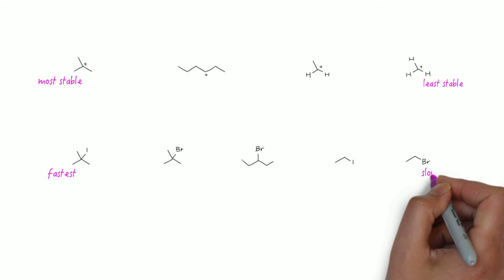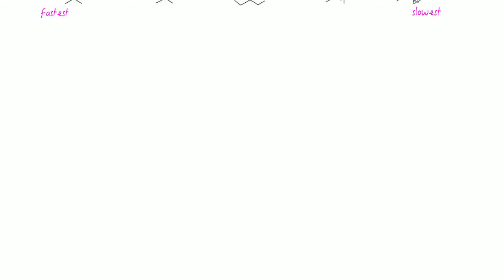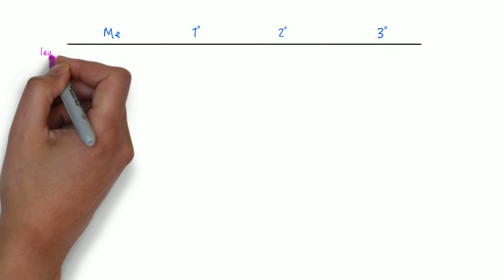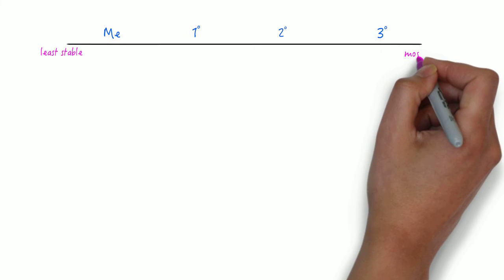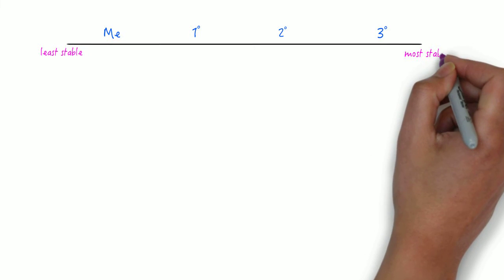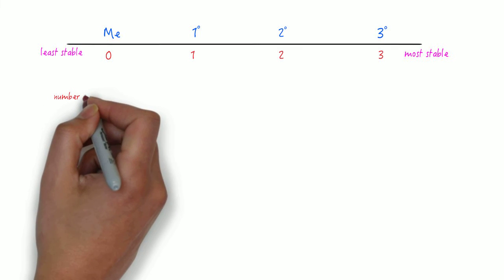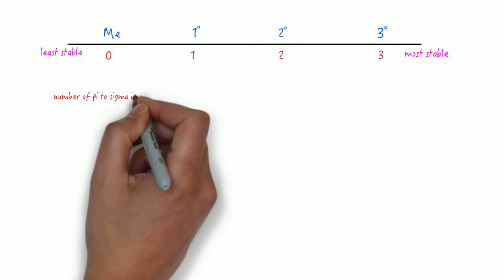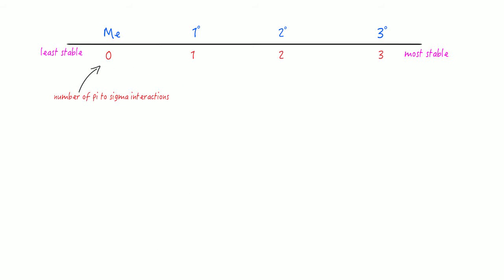If you're comparing two primaries, then look at the stability of the leaving group. We can use these 1 degree, 2 degree, 3 degree labels for carbocations, primary, secondary and tertiary, to indicate the stability. The least stable is primary, up to tertiary. Substrates that give primary cations react slower than those that give tertiary cations.